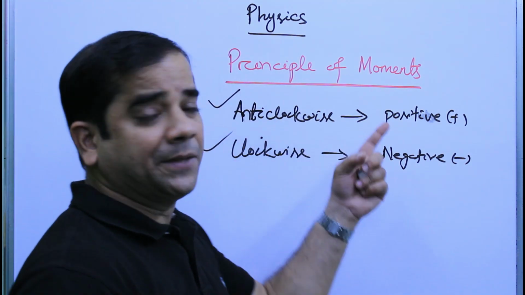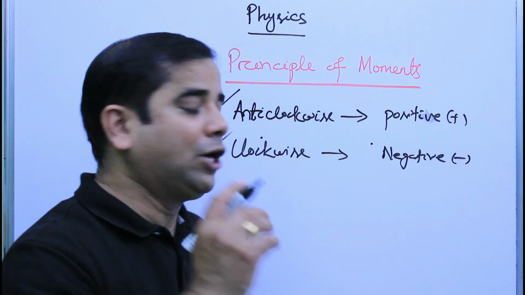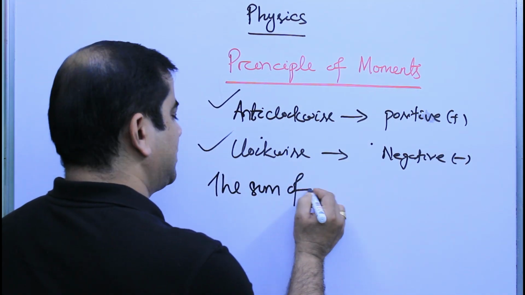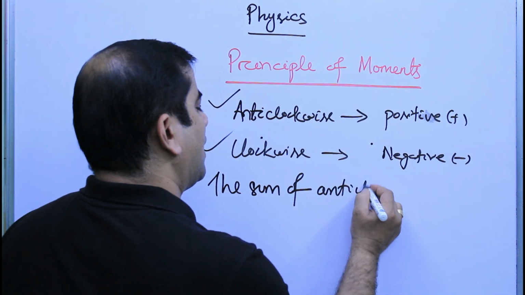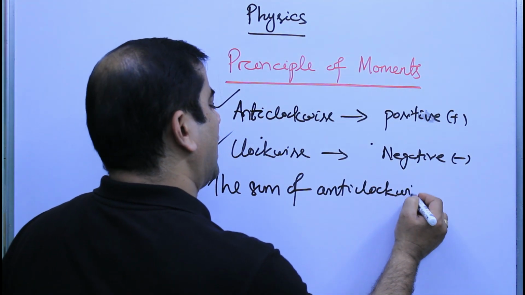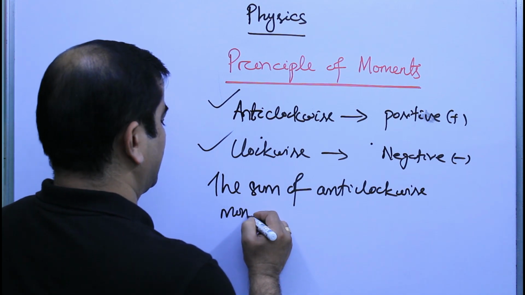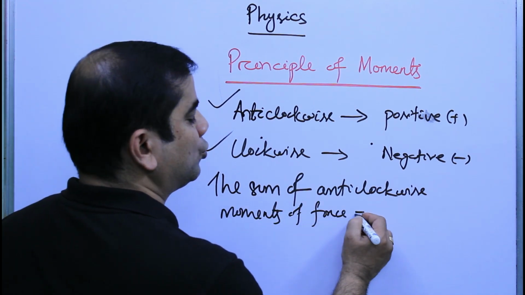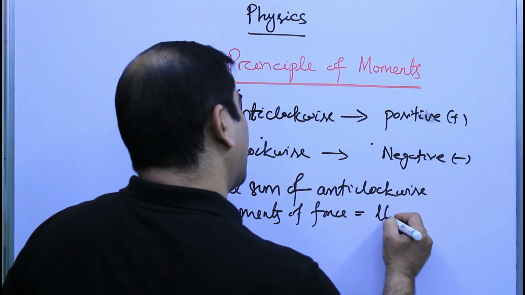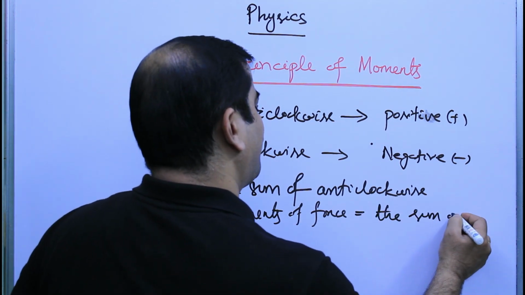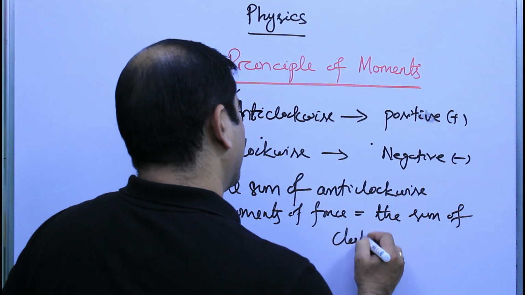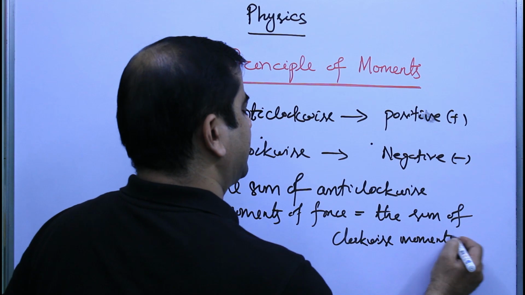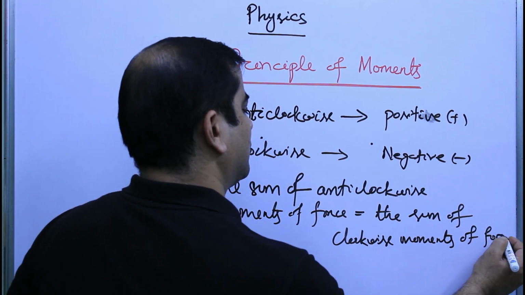So, as per the principle of moments, for a body to be in equilibrium, the sum of anti-clockwise moments of force should be equal to the sum of clockwise moments of force.